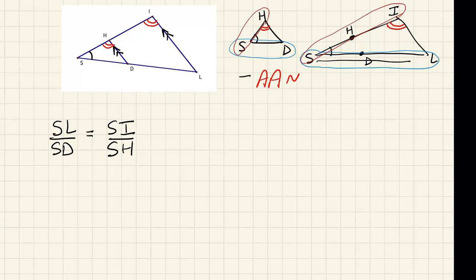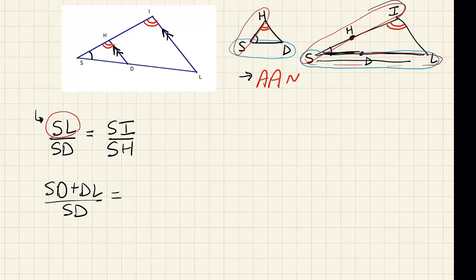So since we have angle-angle similarity, we can say that the sides are proportional. That's not exactly, though, what the theorem states. We can take this SL here, and by the segment addition postulate, we can break it down into SD plus DL, divided by SD.